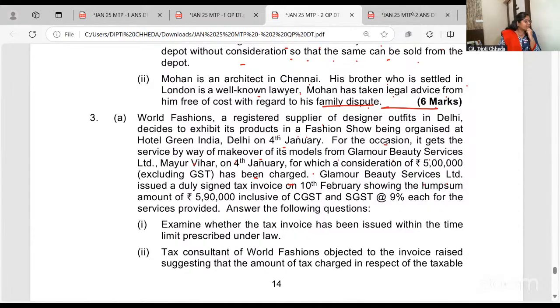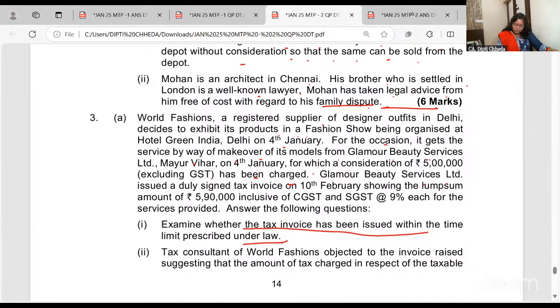Okay. So time limit is 30 days, 45 days in case of insurance and all. So within 30 days, have you issued the invoice or not? Examine whether the tax invoice has been issued within 30 days from the date of service.